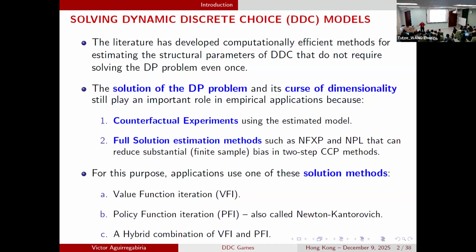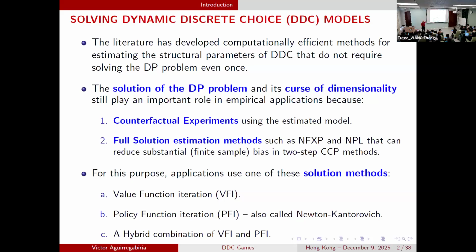These methods incorporate an algorithm for the solution of the dynamic programming problem. In the nested fixed point algorithm, we have to do it many times. In the nested pseudo likelihood, we need to solve the model only once, okay? But still, we need an efficient algorithm for solving this.